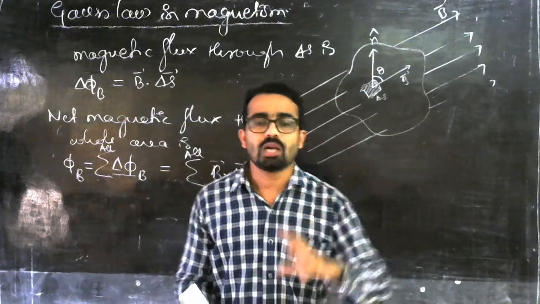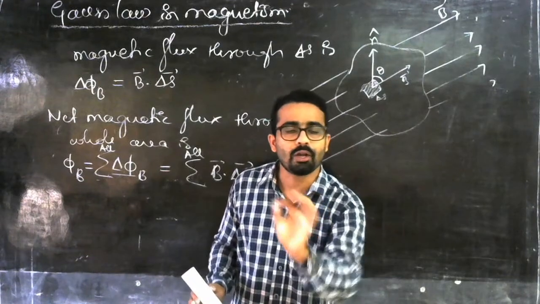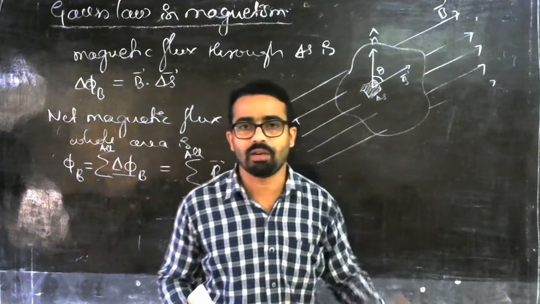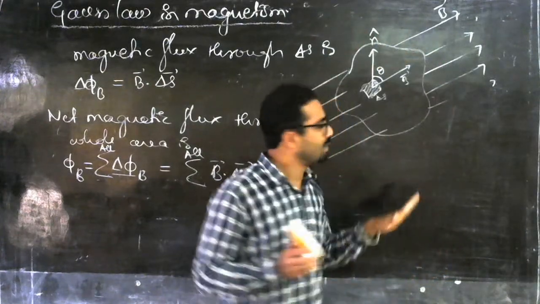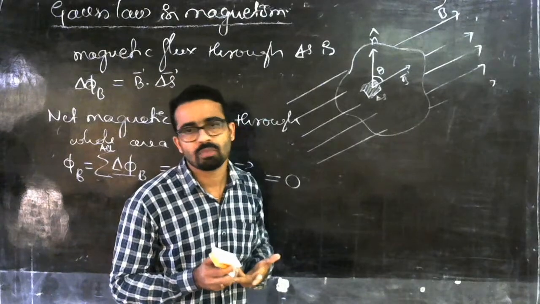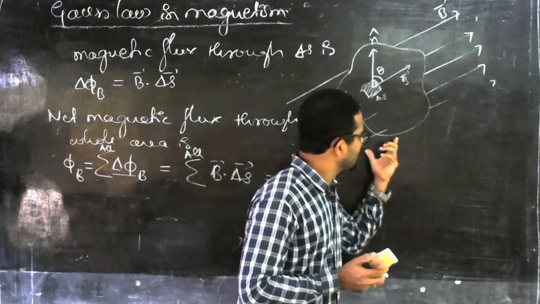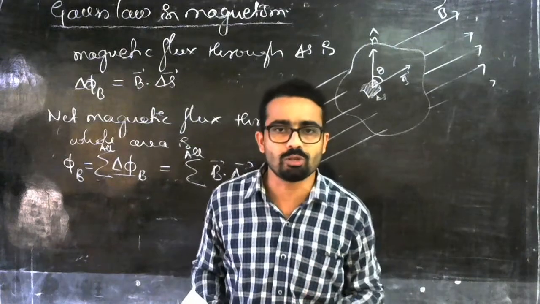Because the magnetic field lines do not start from one point or end at another point. That means whatever area we have, it has some magnetic moment, but there is no possibility of the existence of magnetic monopoles.